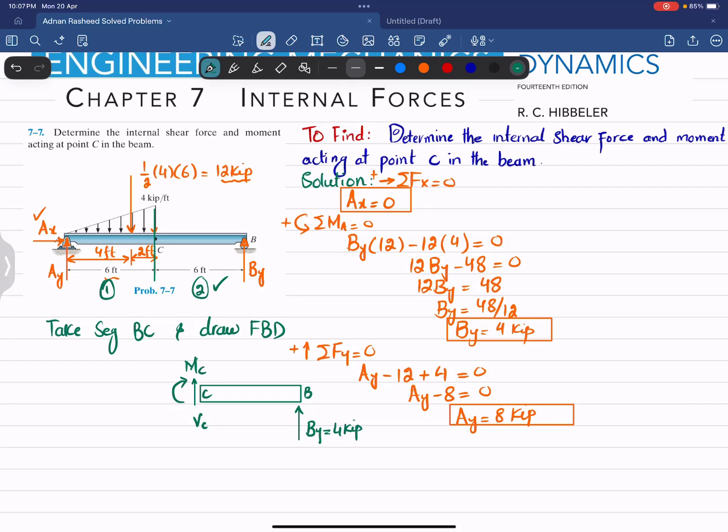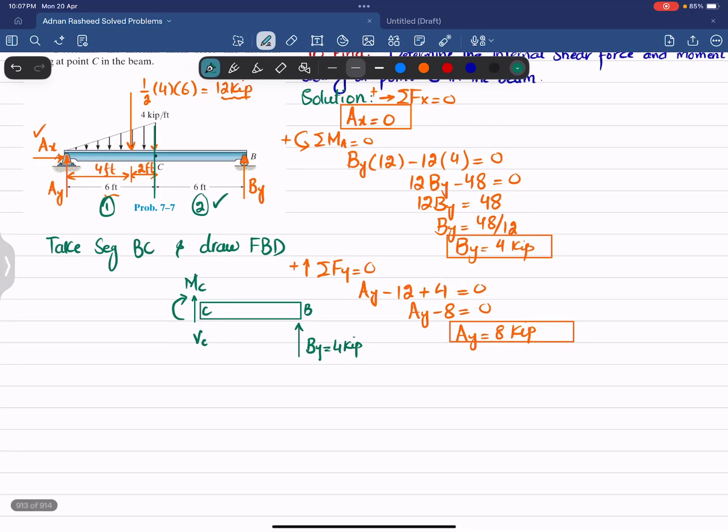We will find this VC and MC by using the equations of equilibrium. The first equation is that the sum of all forces along the y direction must be equal to 0, with upward force taken as positive. So VC, which is upward, plus this BY, which is 4 kips and also upward, must sum to 0. It means that VC will be equal to minus 4 kip.